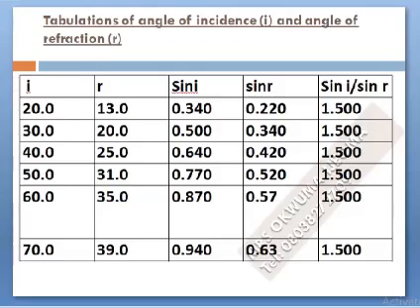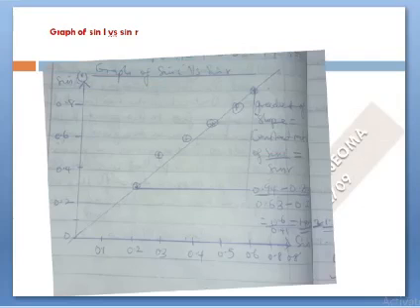Now let's see the graph. Now when you plot the graph of sin I versus sin R, what do you have? Sin I will be in your vertical axis, y-axis, while your sin R will be in your what? X or horizontal axis.